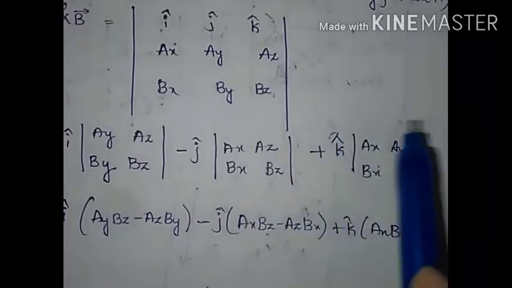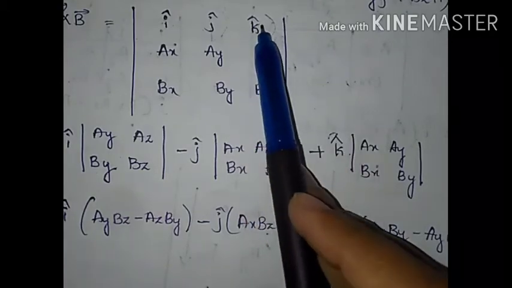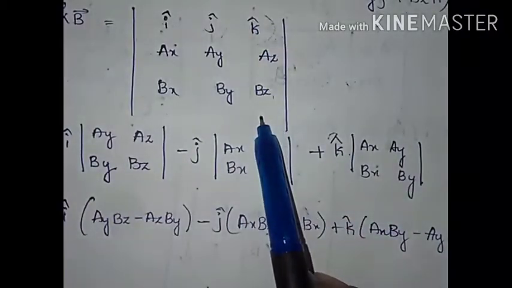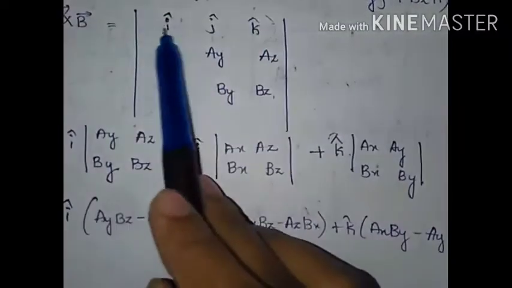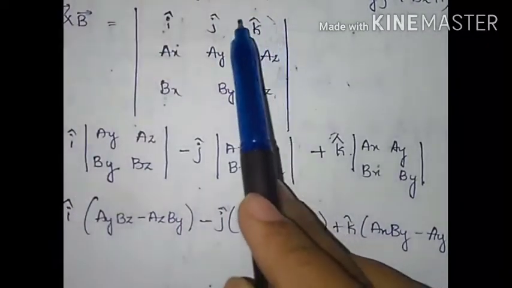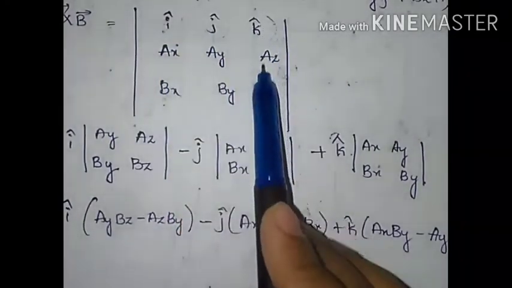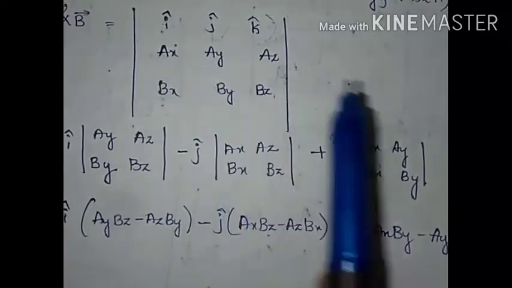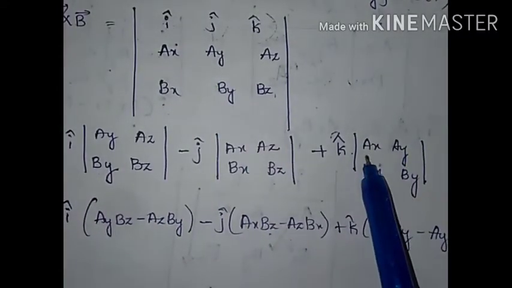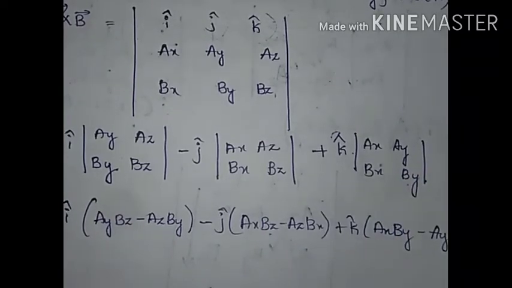As I said earlier, k takes plus, and you ignore this column and this row to write k. If you ignore those, what will be left? Ax, Ay, Bx, By, which is what I have written here.